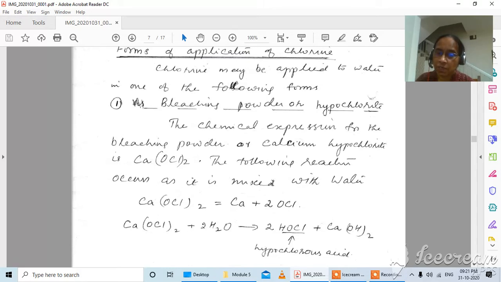So if the calcium hypochlorite itself is dissociating, without reacting with water, we know there are calcium and OCl ions, and when it reacts with water, it dissociates into hypochlorous acid, that is HOCl, and calcium hydroxide.